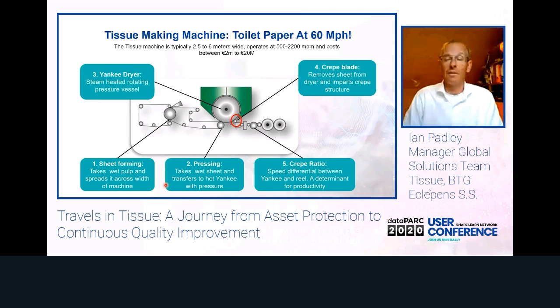It's pressed against a large rotating steam heated pressure vessel, the Yankee dryer, an extremely expensive and fragile piece of capital equipment. BTG is interested in creping the tissue, which happens right here. The tissue paper moves this way around the machine and is creped off at this point, removed from the dryer, and the 3D structure is put in.